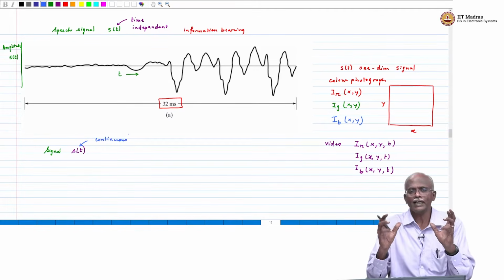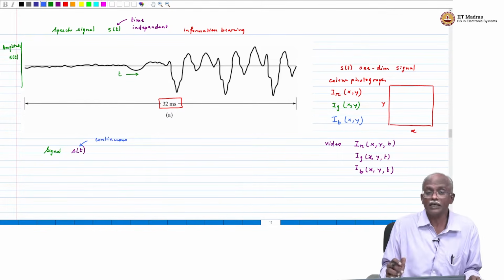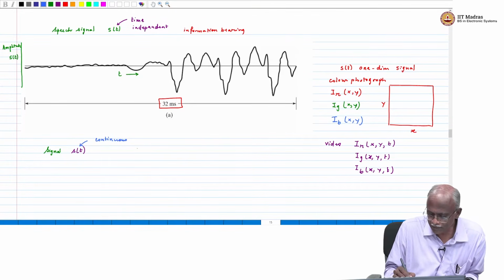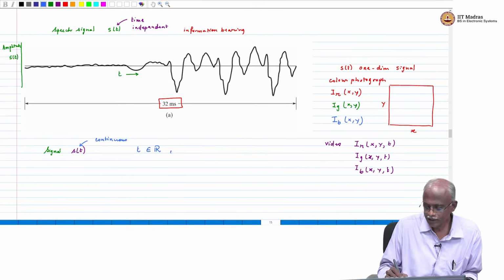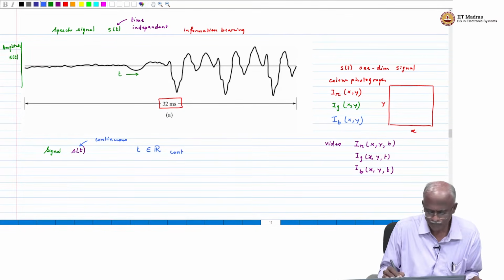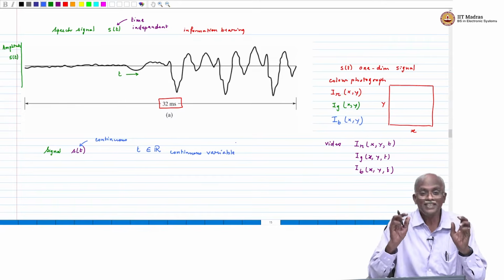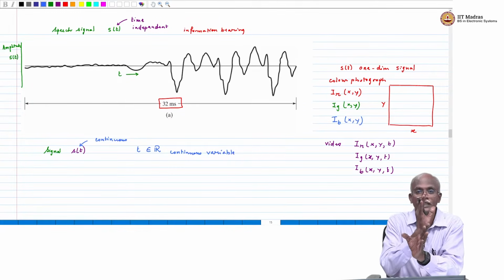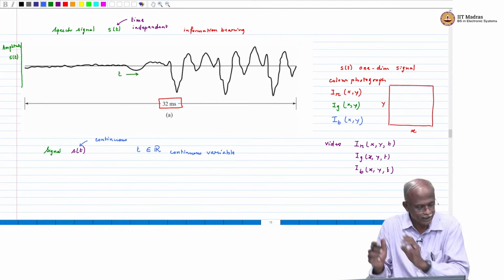Okay, so this is exactly what you would have studied in this course on signals and systems, and this we represent by saying t belongs to the set of real numbers R. This means it is on the real axis, it can take on any value. It is a continuous variable. Now, as I mentioned, our focus will be to quickly move from the continuous time to the discrete time.